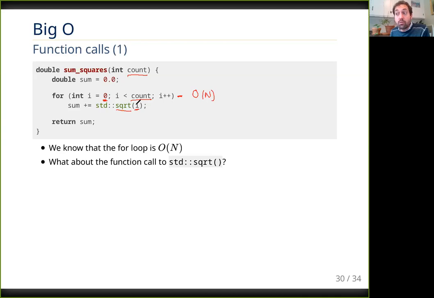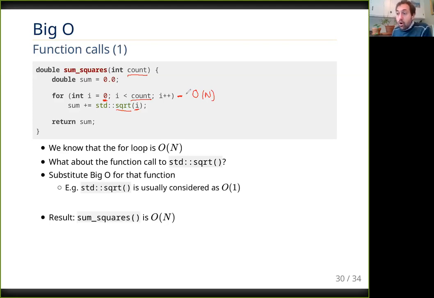Like computing the square root of I being like 2 or of I being like 1,500,000, like whatever number, would take pretty much the same amount of time for the processor. So overall, the square root function would be considered a constant in terms of complexity. And so this entire function would be O of n, because this for loop would be primarily responsible for the entire complexity of this function.